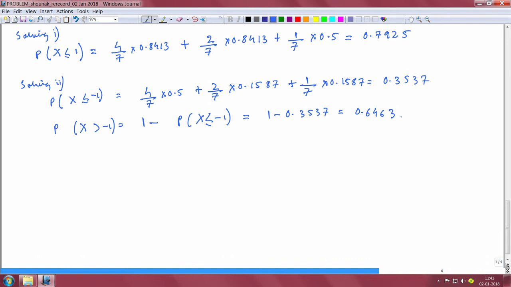But what we really need, once we have calculated the probability of x greater than minus 1, is what signal has actually passed through the receiver, because we know that at a time only one signal is allowed to pass.